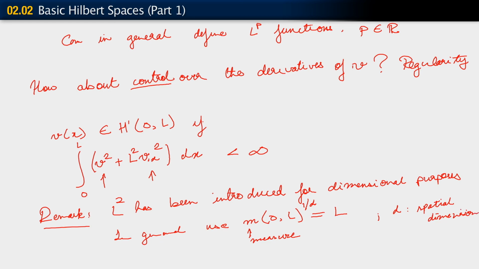So if we were in 1D, d would be equal to 1. If we were in 3 dimensions, d would be 3, and then the measure would be actually the volume, right? But the volume to the power 1/3 would again give us the notion of a length.